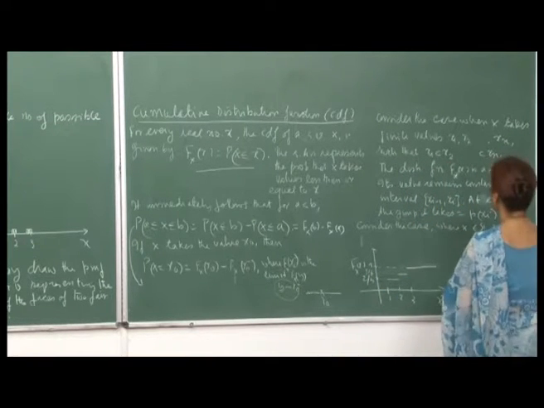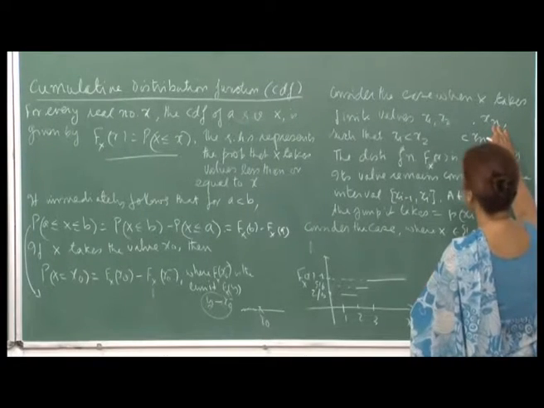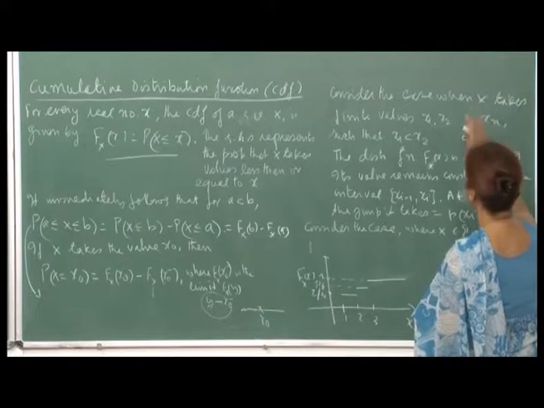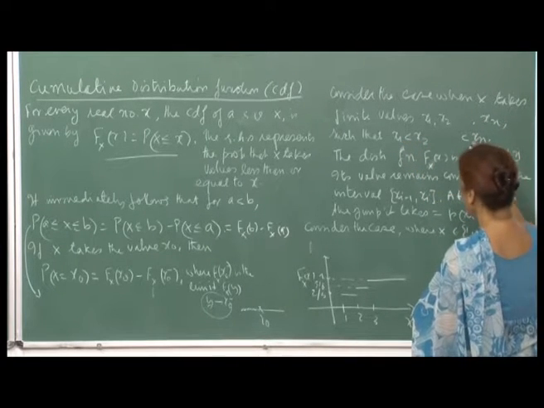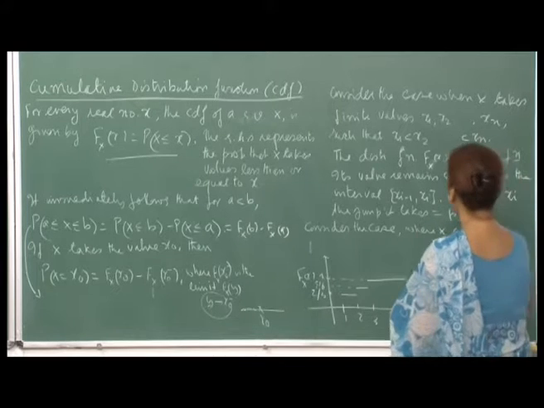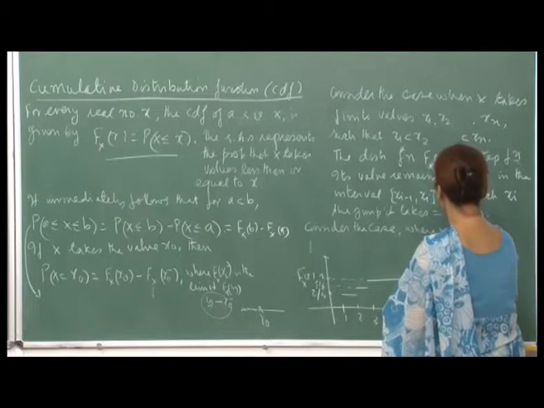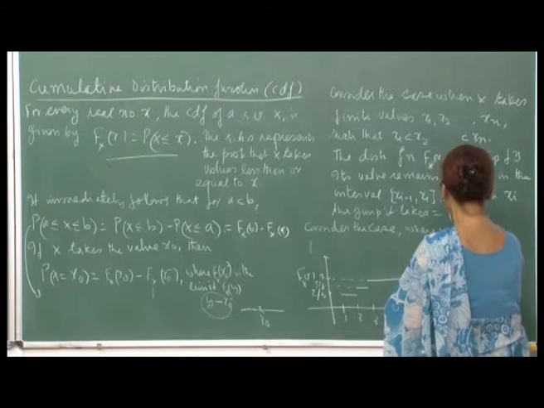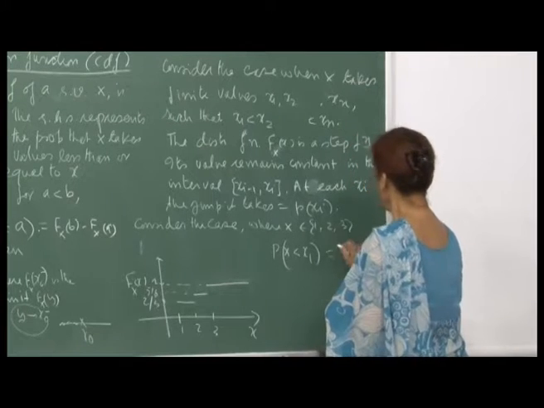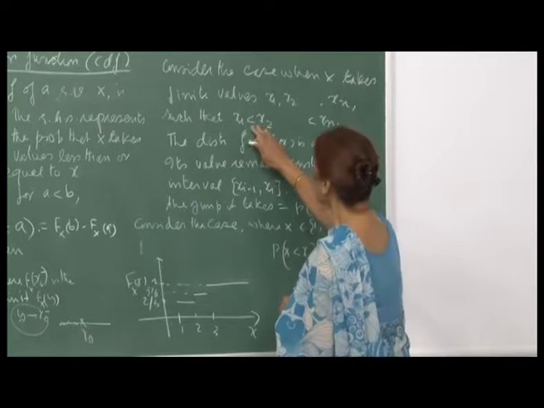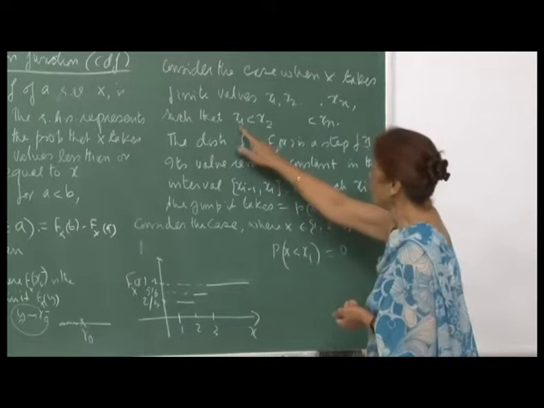So, now let me just spell out the values here. Essentially what I am saying is that if x1, x2, ..., xn are, let us say, the finite n values that the random variable X takes, and x1 is less than x2 is less than xn, then the distribution function F_X is a step function. You see, probability X less than x1 is 0 in this case, because it is not taking any values less than x1, and x1 is the smallest value here.